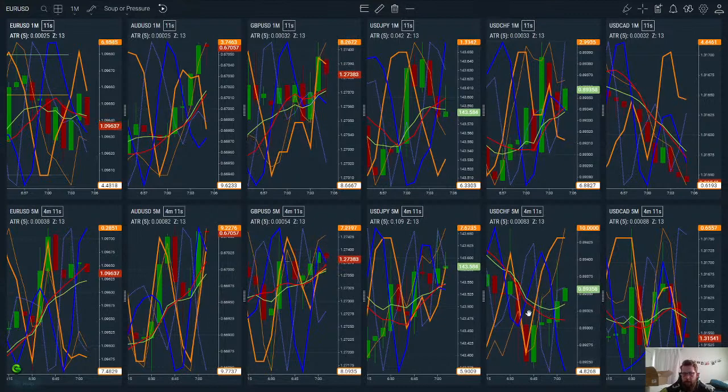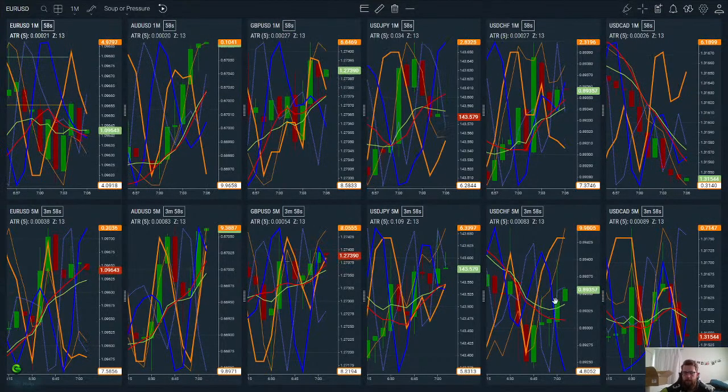This is looking pretty bullish right here. So again, this is the 5 minute. Looks like we're doing a nice little curve, which is a good indicator of reversing. So we'll keep an eye on that.